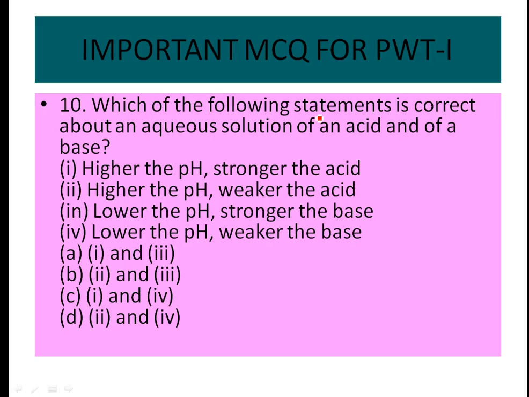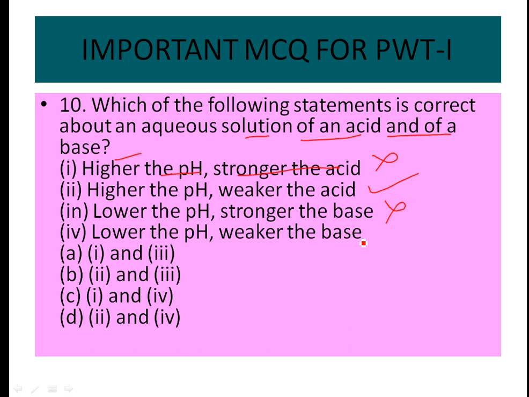Question number 10. Which of the following statements is correct about an aqueous solution of an acid and of a base? Higher the pH, stronger the acid. Wrong, because when the pH is higher, the H plus ion concentration is low. Higher the pH, weaker is the acid. That is correct. Lower the pH, stronger the base.